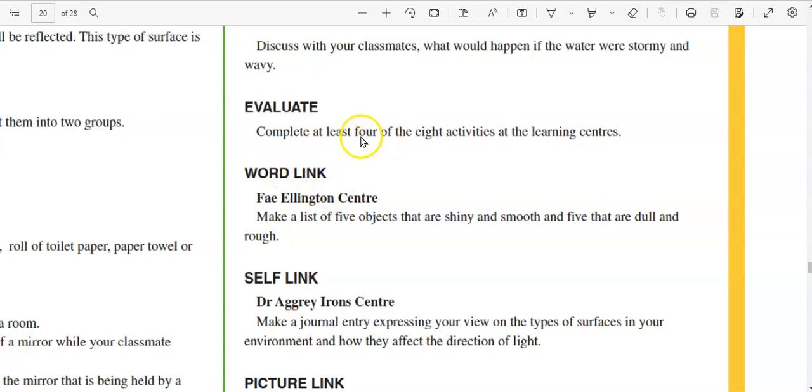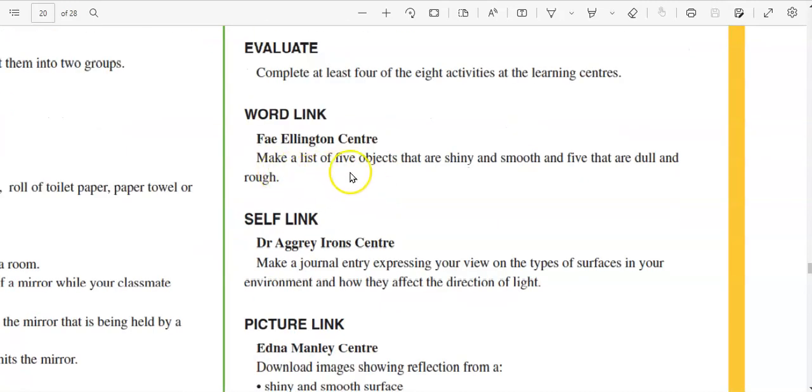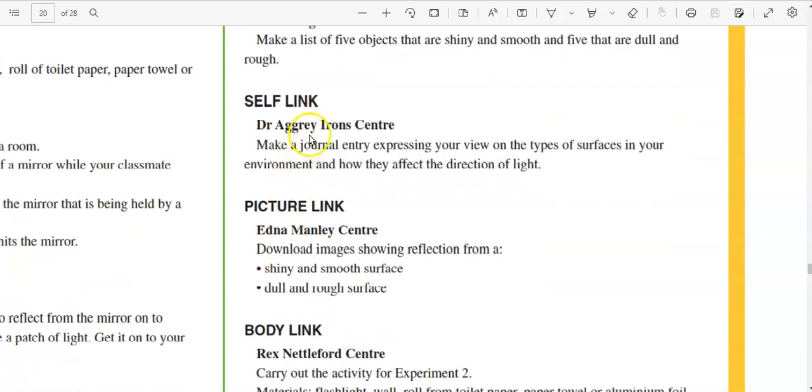Complete at least 4 of the 8 activities at the learning centers. Here's a word link, the Faye Ellington Center. Make a list of 5 objects that are shiny and smooth and 5 that are dull and rough. The self link from the Dr. Agri Irons Center.